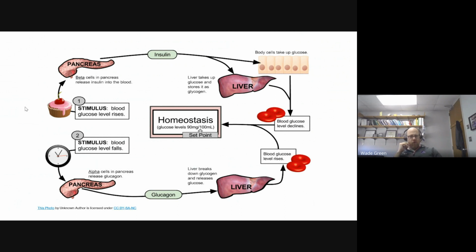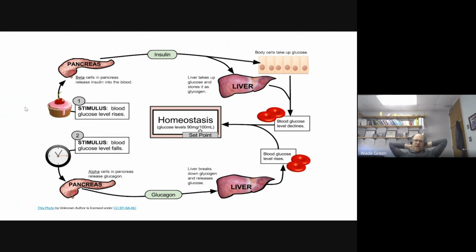So generally speaking, normal blood glucose is approximately 60 to 100 milligrams per deciliter at fasting, right? Postprandial, after we eat, generally is below 140. If you're diabetic, it's at 180 or below, right? So as an example, let's say that I eat a cupcake and we can see that here, my blood glucose starts to rise.